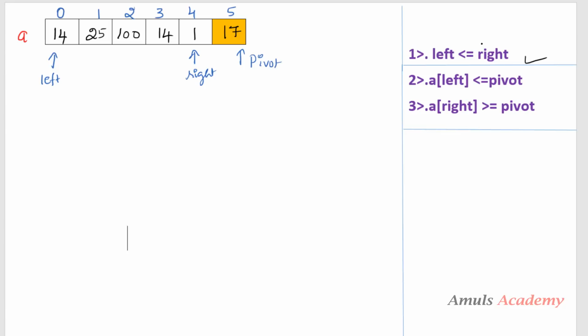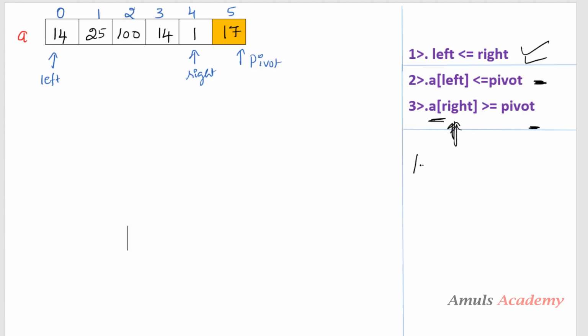Next, if this condition is true, I need to check whether the value present in the left index is less than or equal to the pivot value. If this condition becomes false, then I need to stop. And I'll go to the next condition. Here I'll check that the value present in the right index should be greater than or equal to the pivot. If not, then I need to stop. We need to follow these 3 rules.